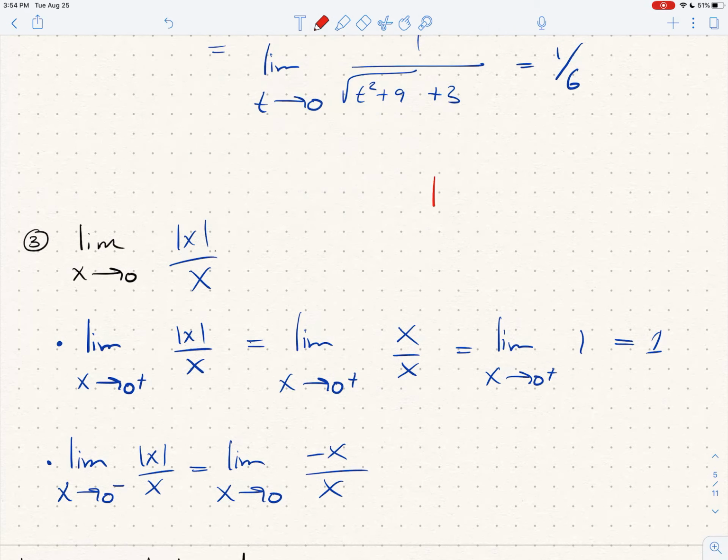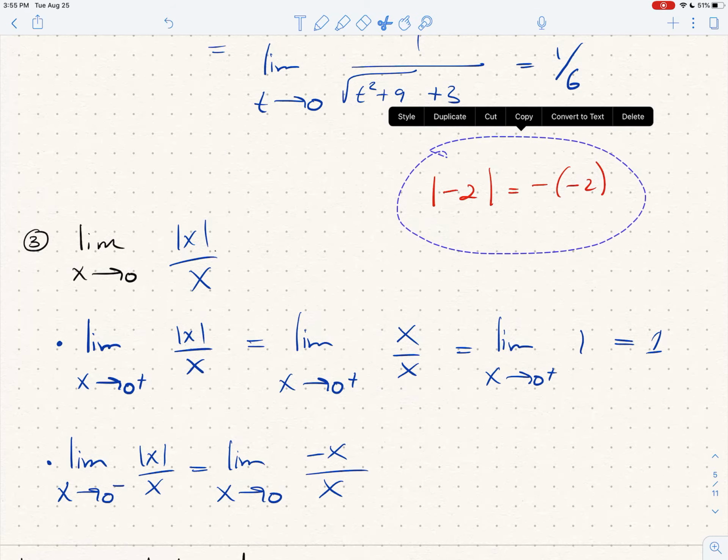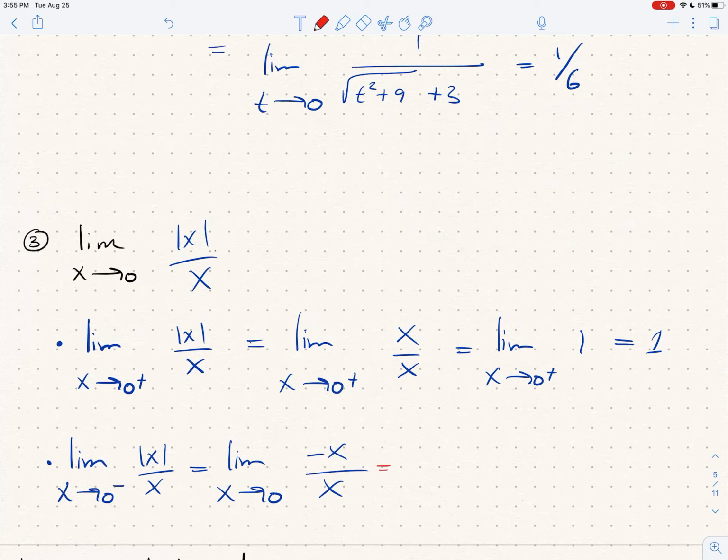If I want to do the absolute value of negative 2, I can say, well, that's just 2. Right, and that's what I'm doing down here. I know x is negative, so negative x I know is positive, and that gives me the absolute value. Well, now you can say, well, this is just the limit as x goes to 0 from the left of negative 1, which is just negative 1.